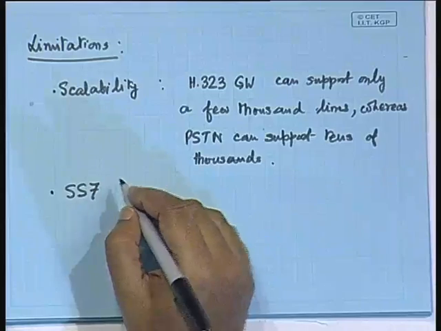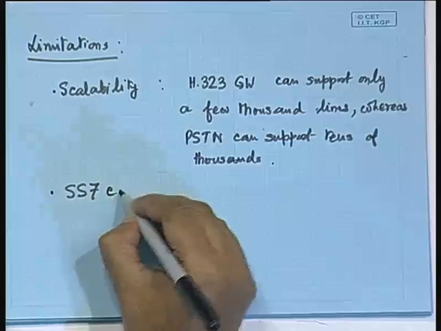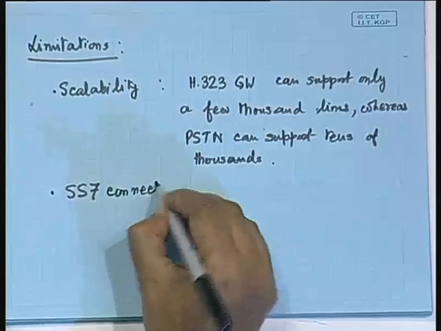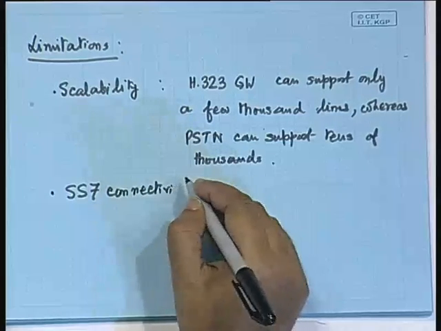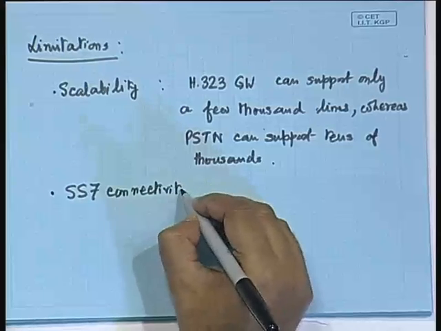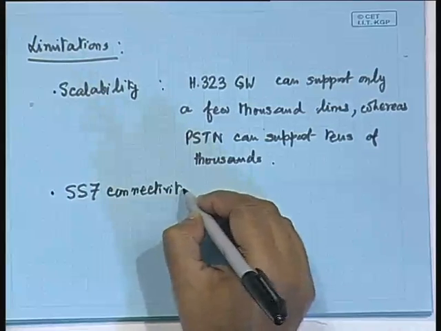It is a two-step dialing process, with no direct dialing, but that would have been possible had there been SS7 connectivity. SS7 connectivity is there in the PSTN, which interconnects several switches through a protocol, but there is a lack of SS7 connectivity in the case of H.323.